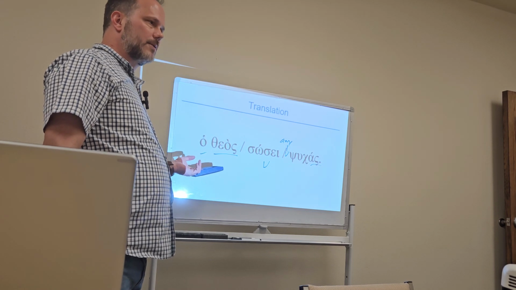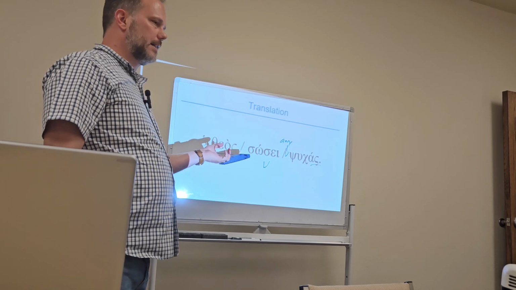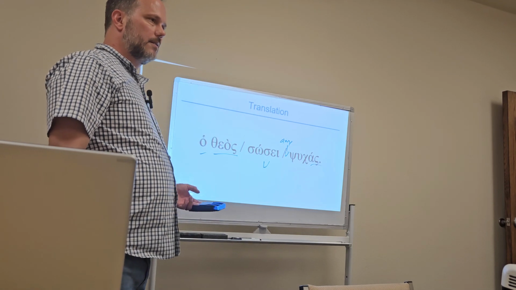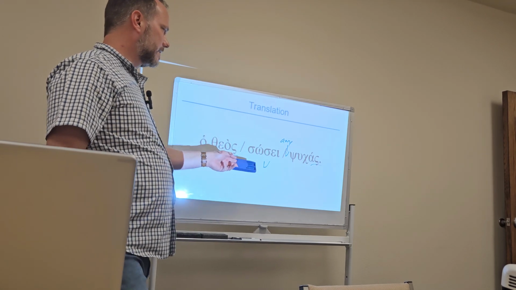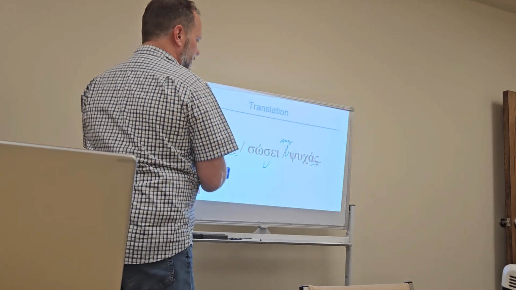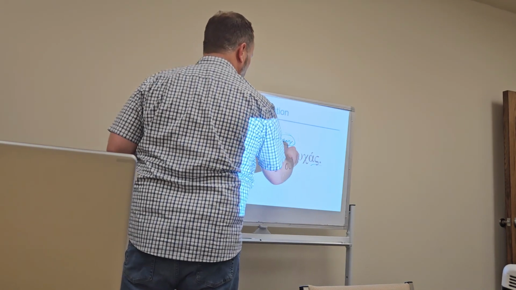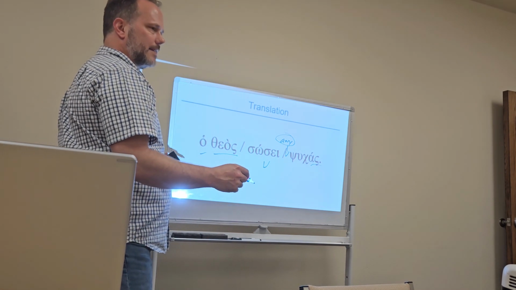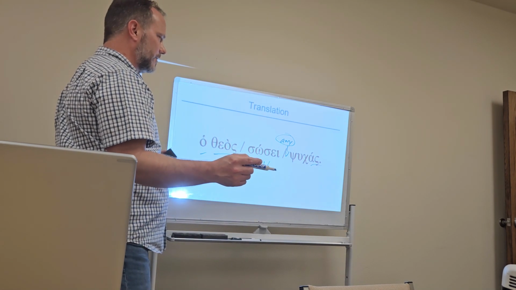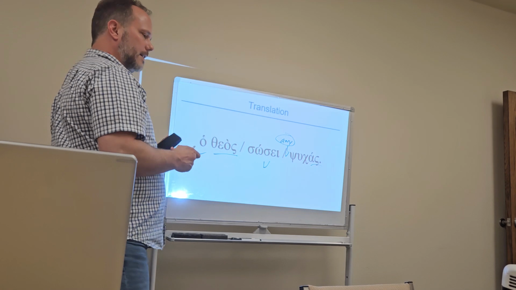But it still flows naturally. God saves souls. But this part, you're going to be looking for this part because this is in plural. It has to be something like any or A's of souls, which is not going to make sense in English. You're going to be looking for that in the context.